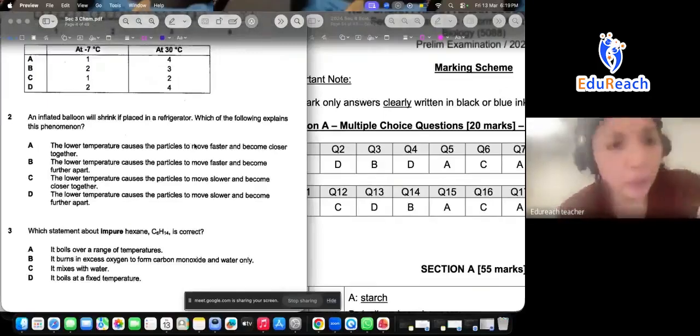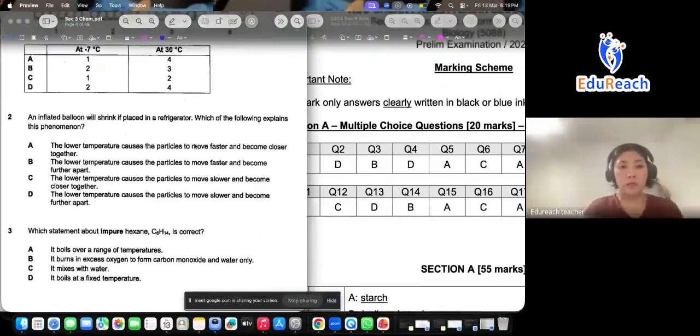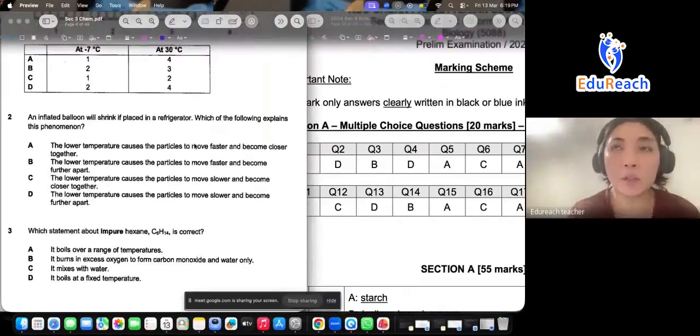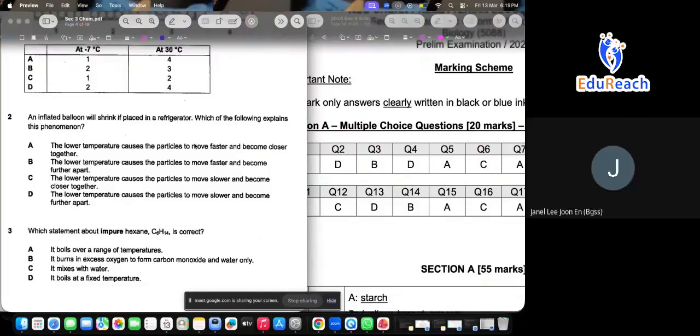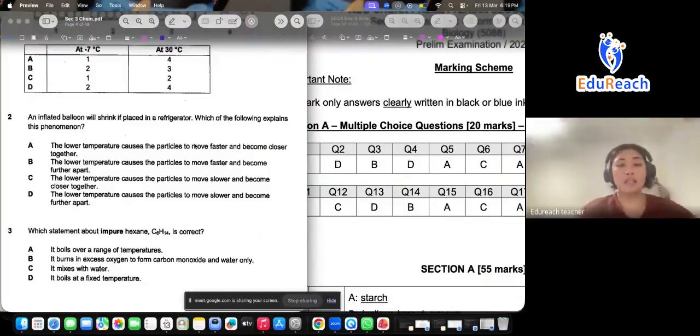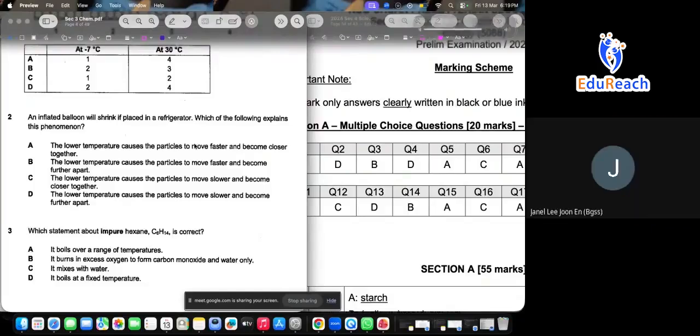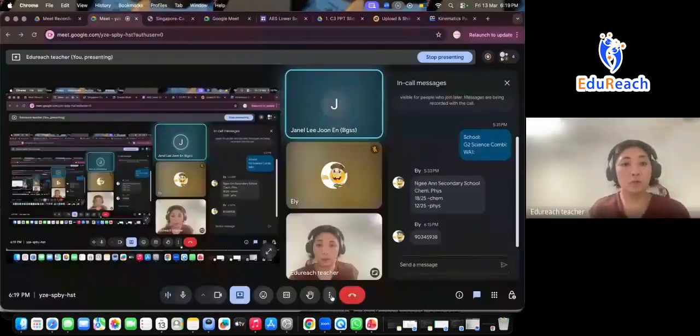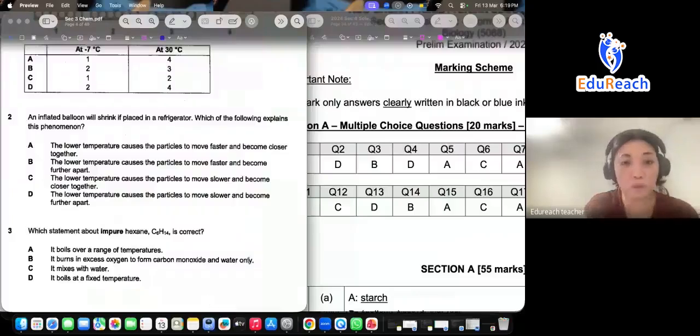So tell me, Janelle, when it is placed in a refrigerator, it is going to be placed in a surrounding that is lower temperature or higher temperature? Lower temperature. How would that affect the kinetic energy of the particles? It will move slower. So it will cause the particles to move slower, right? Okay, and because it shrinks, when something shrinks, what happens to its volume?